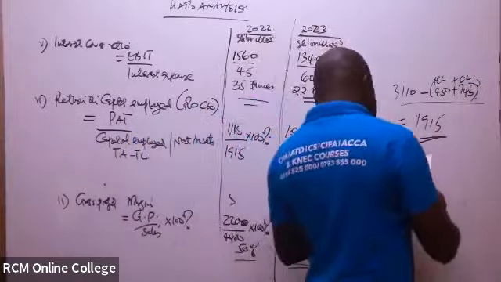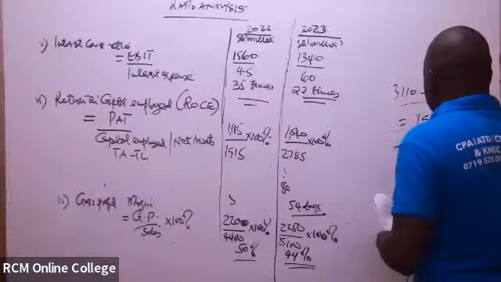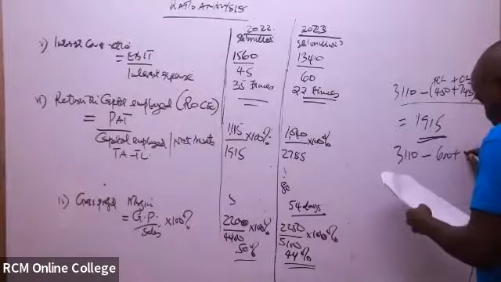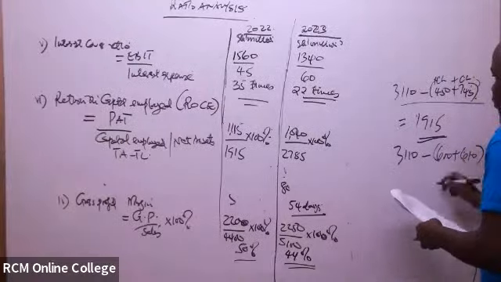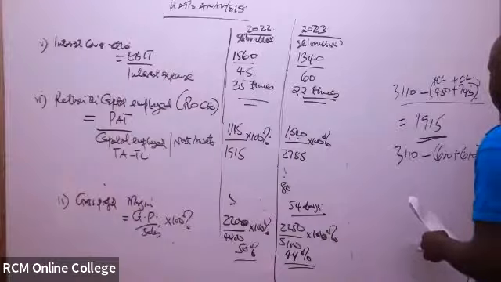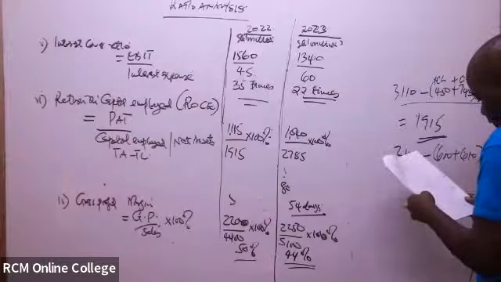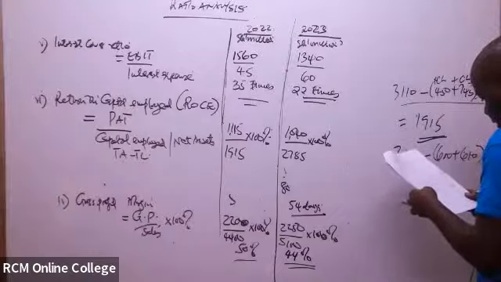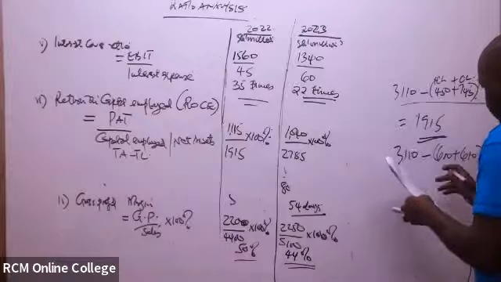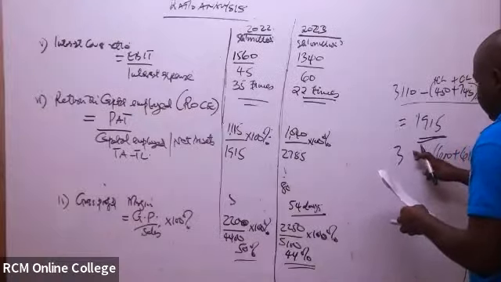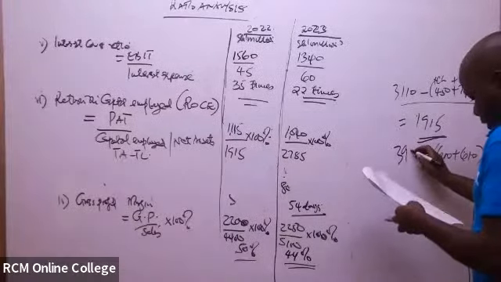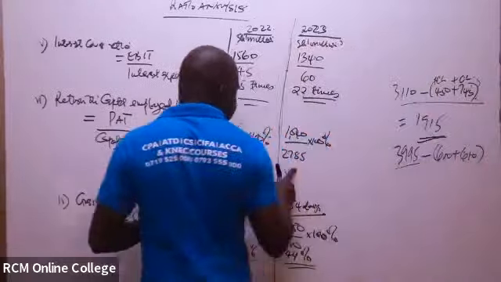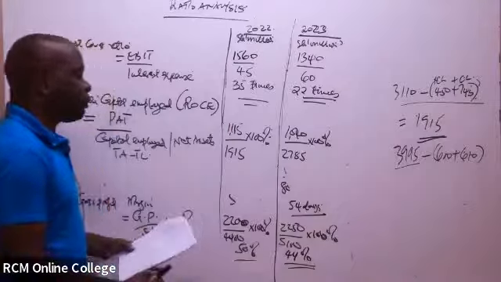Alternatively, you can say 31,110 minus 600 plus 610, which is 3995, the total figure. If you do the subtraction, you should get this one. Then you multiply by 100%.